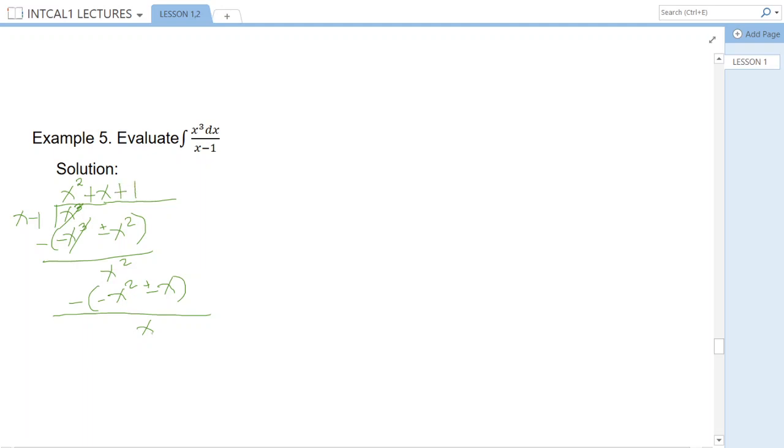So 1 times x is x. 1 times negative 1 is negative 1. Subtracting again, it will become negative, and this positive. So the remainder is 1. If we rewrite this, that is equal to the integral of x squared plus x plus 1 plus the remainder, which is 1, over the divisor, x minus 1, dx. Let us just distribute dx there.